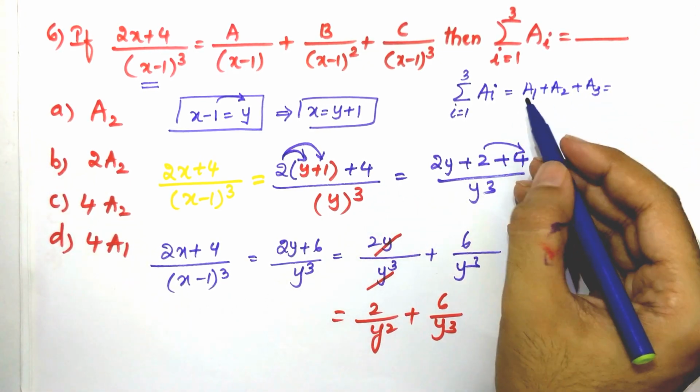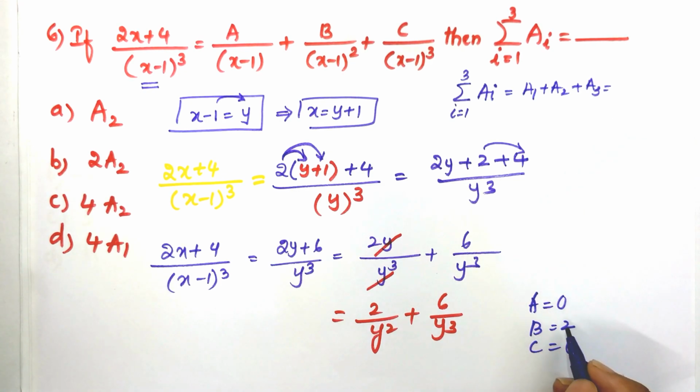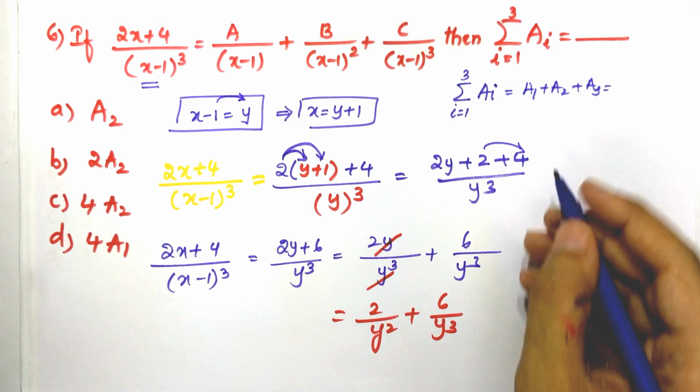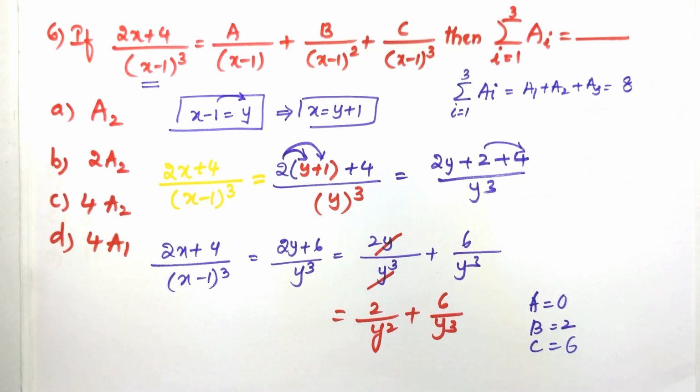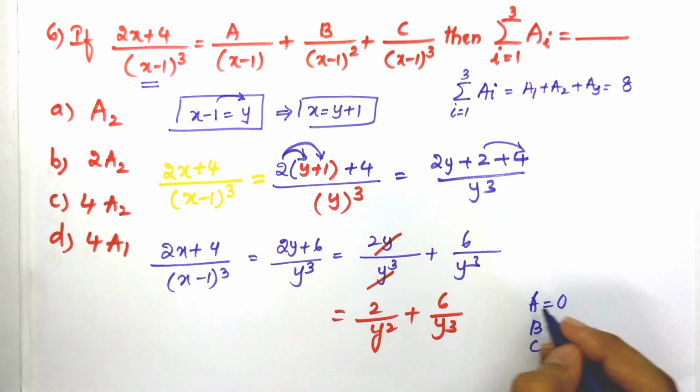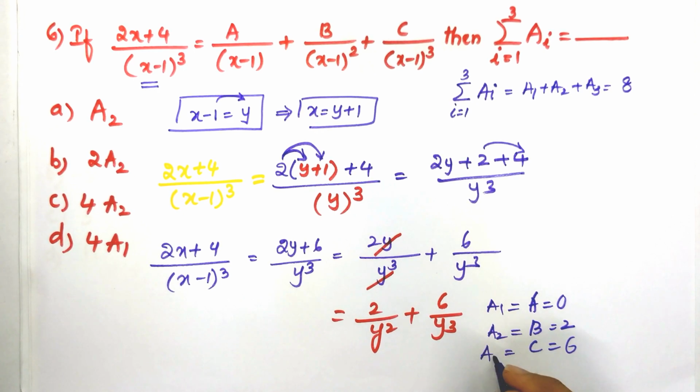Now I want the solution. Summation a1 plus a2 plus a3. So 0 plus 2 plus 6. So it would be 8. So a1 plus a2 plus a3 is 8. But if you look at the options, the answer is in terms of a2 and a1. So this is the value of a1, a2 and a3 we can assume.